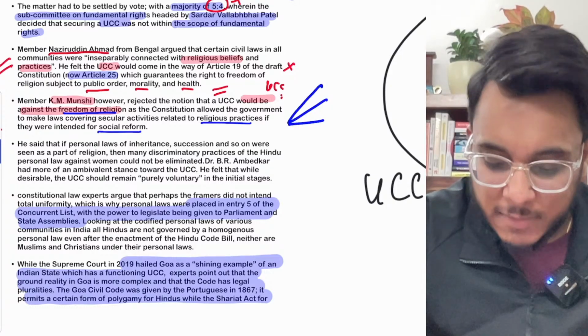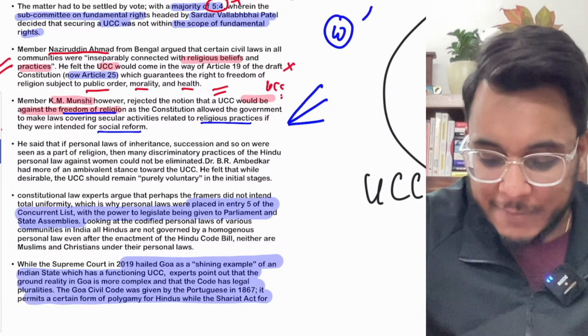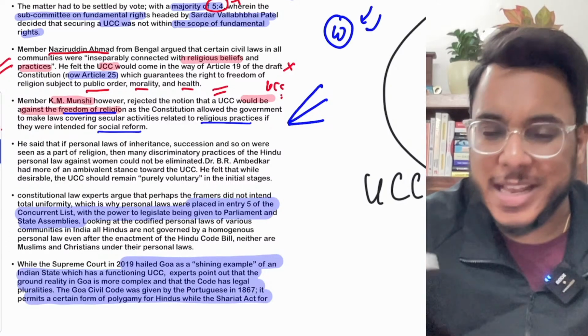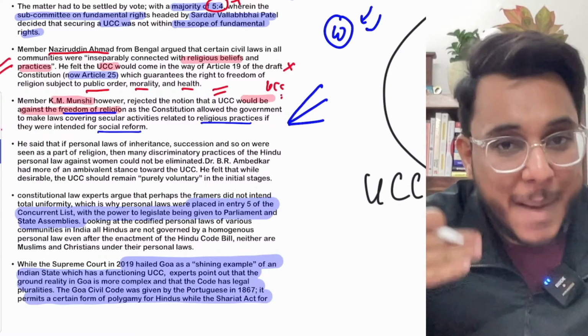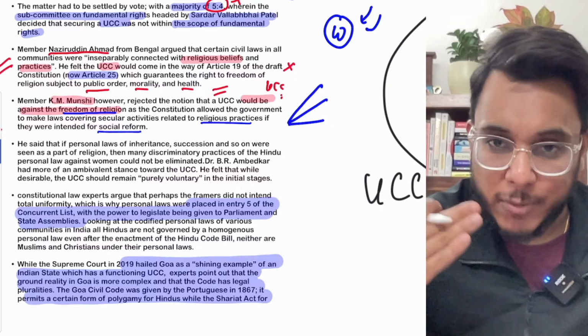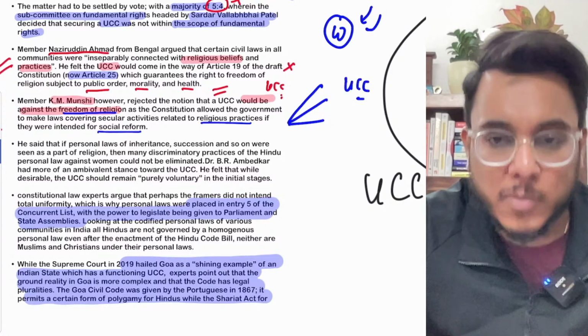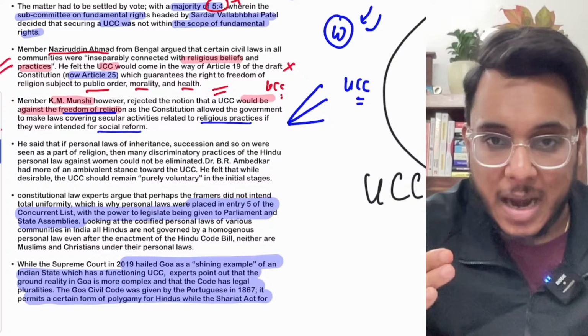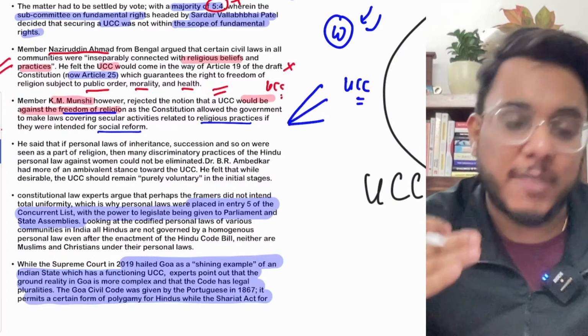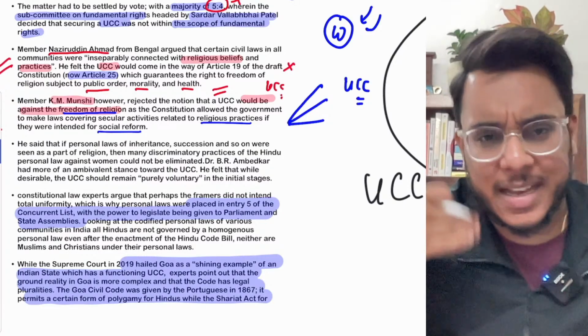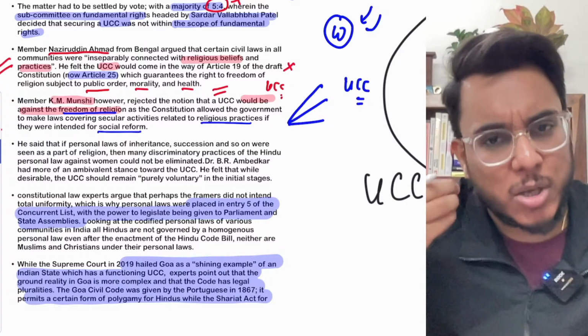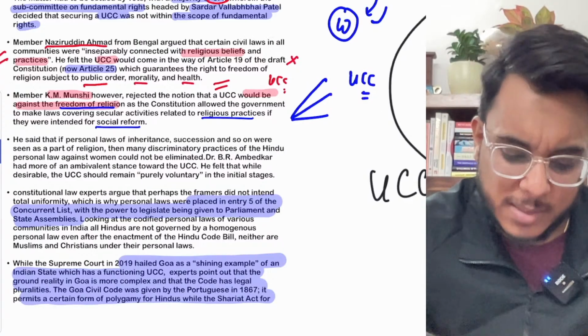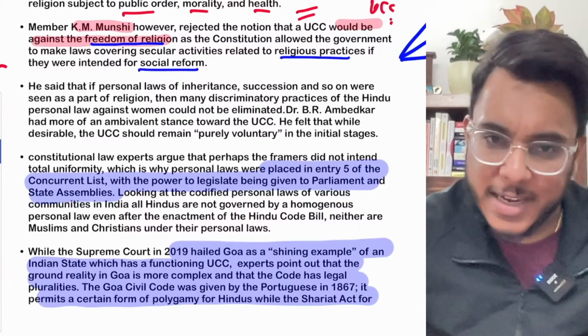For example, when we talk about women, in the name of tradition and customs, many times they have been suppressed. So it was suggested to bring a uniform civil code based on liberal ideas. It is something that can be done, because our model of secularism is completely different, so we can interfere.